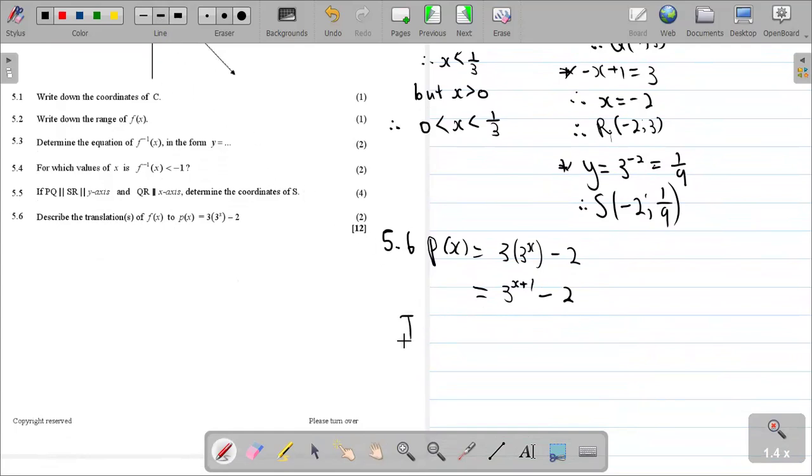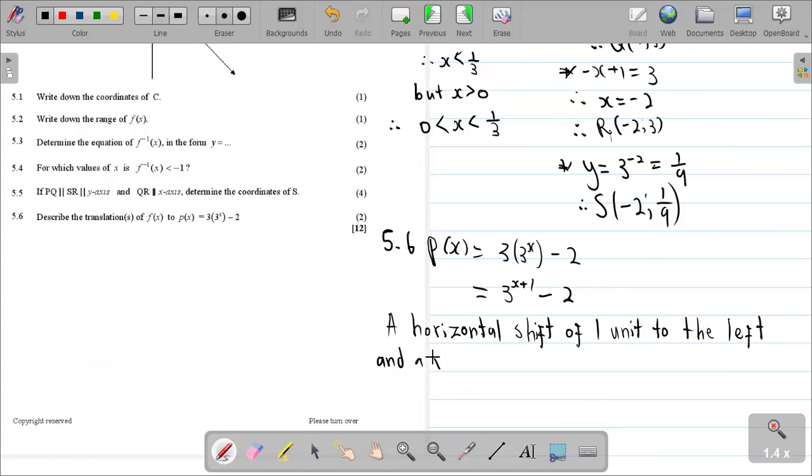It's going to be a horizontal shift of 1 unit to the left, and a vertical shift of 2 units down.